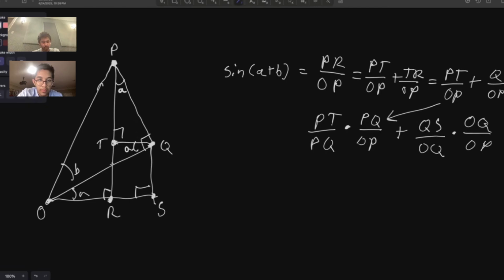This small triangle from here to here. This being angle A means that this has to be 90 minus A, which means that this has to be A. Does that make sense? Yeah, I got that.